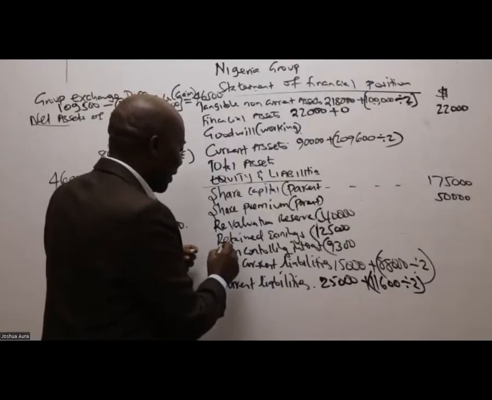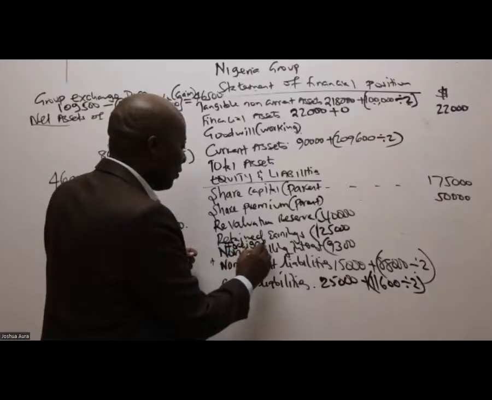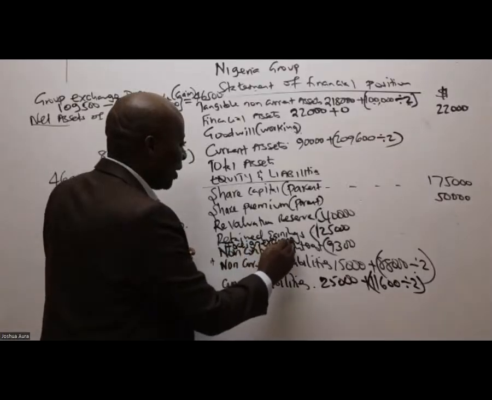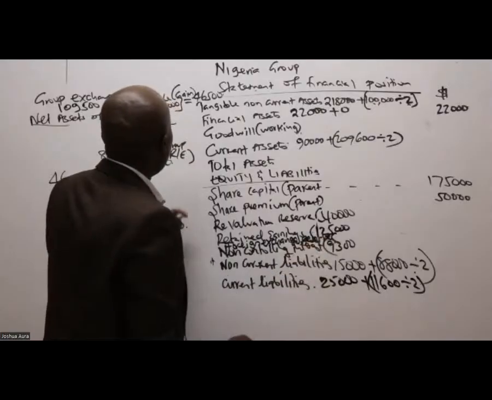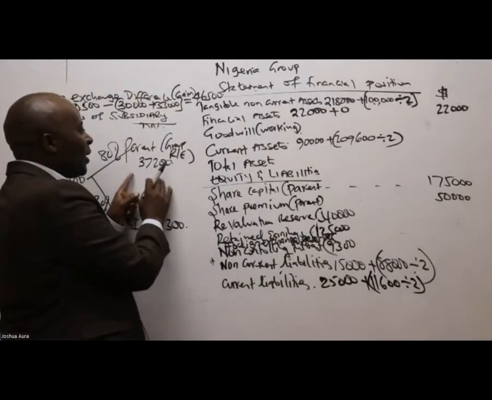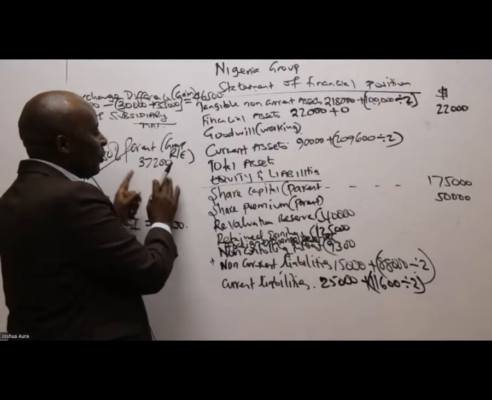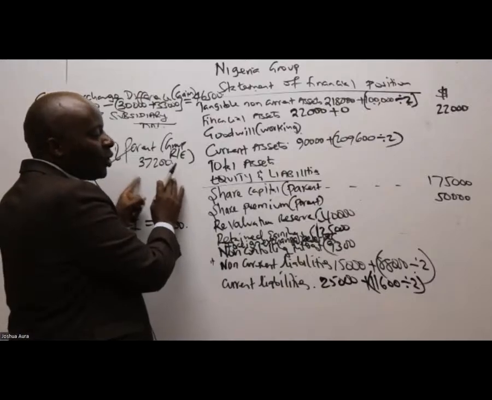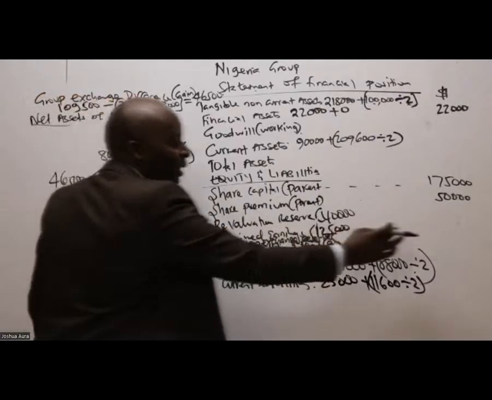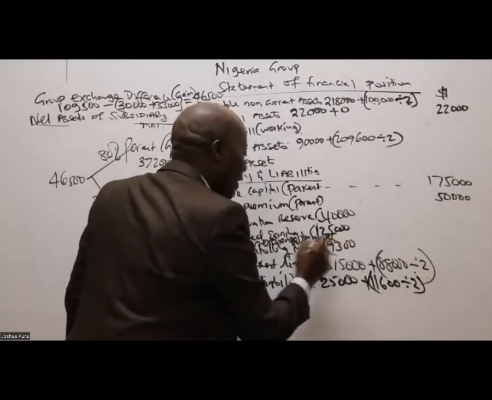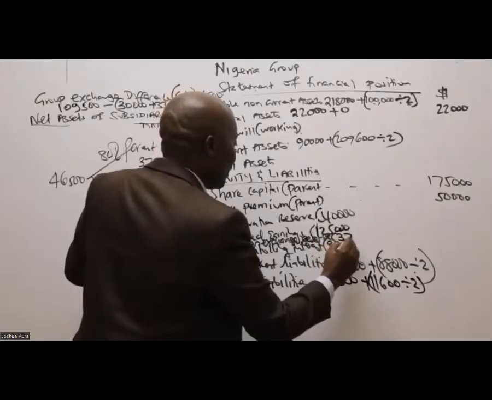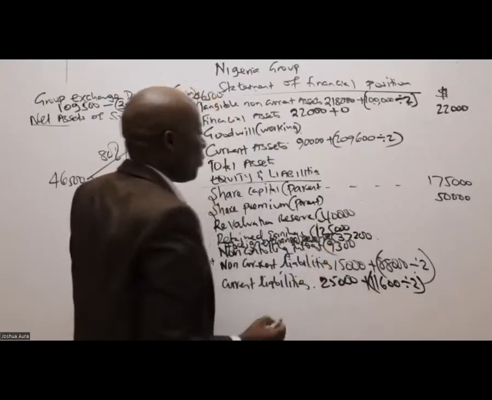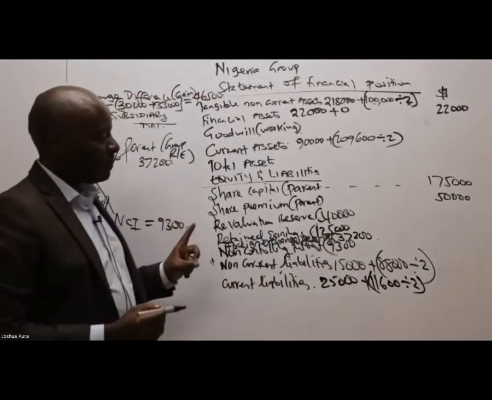The foreign exchange reserve, the one of the parent, will go to the equity of the parent, but don't take it as the last figure here. We'll still have something. So for now you're just writing it as a working, 37,200.